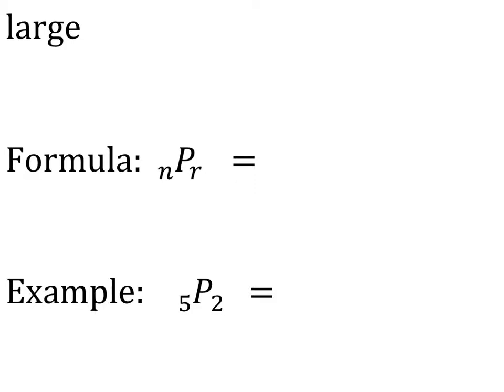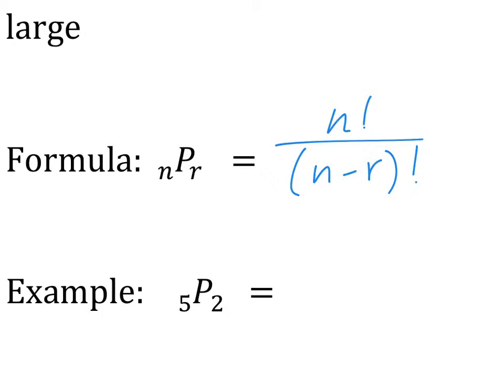But on the SAT and things like that, sometimes they will say do it without calculator, or things like that. They will give you this kind of question. You do need to remember the formula yourself. Okay, so it's n factorial divided by n minus r factorial. So this is the formula. N factorial divided by n minus r factorial.